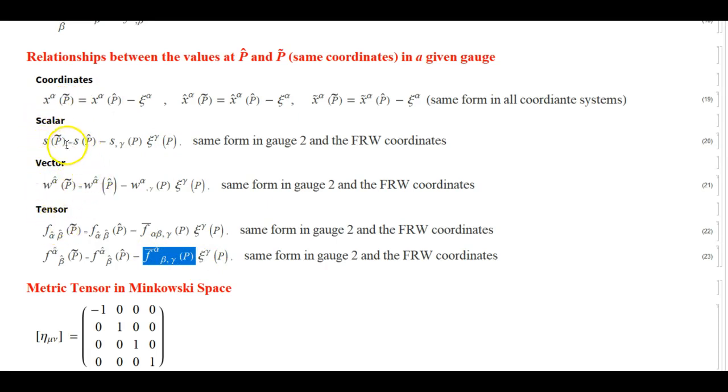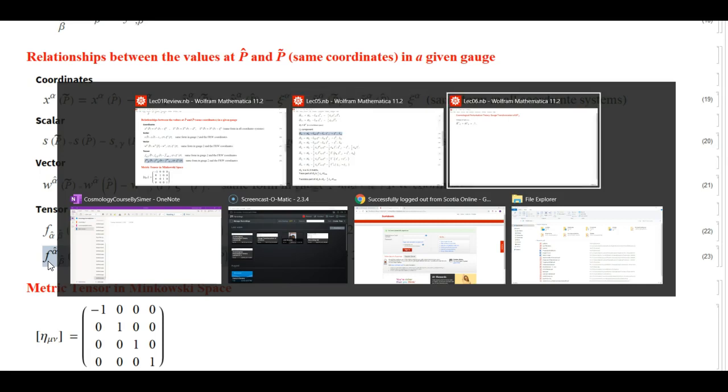For example, for a scalar, the scalar value in gauge 2 is equal to the scalar value in gauge 1 minus the partial derivative with respect to gamma at a point in the background FRW multiplied by xi gamma. Let us grab this equation and bring it over here.